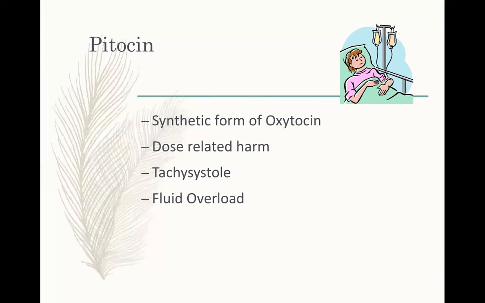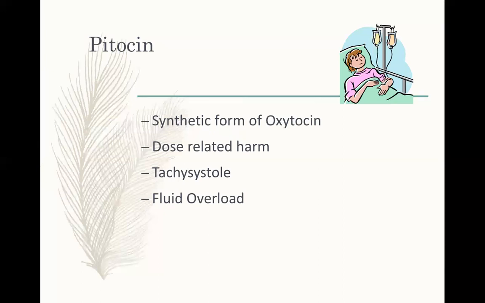So you can see here, dose-related harm. So if we give too much Pitocin, we can cause tachysystole. So we want to be sure that we are watching our baby very closely. We're monitoring mom very closely, and we're monitoring the uterine activity very closely so that we're not providing an environment that is going to be harmful to the baby.